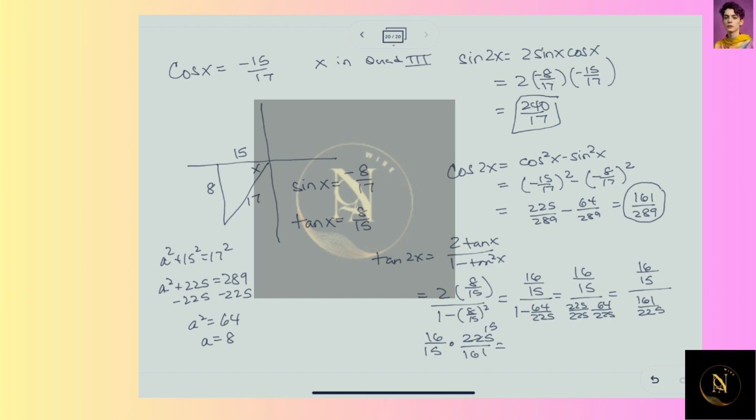Now multiply across. 16 times 15 is 240 over 15 times 161 over 2415. That is going to reduce to 16 over 161. There you go.